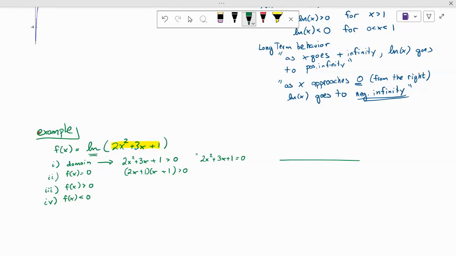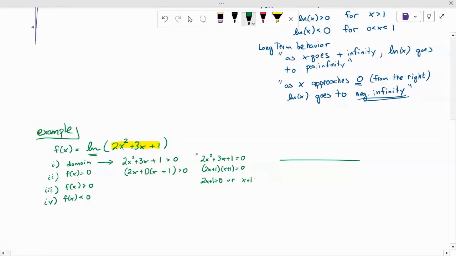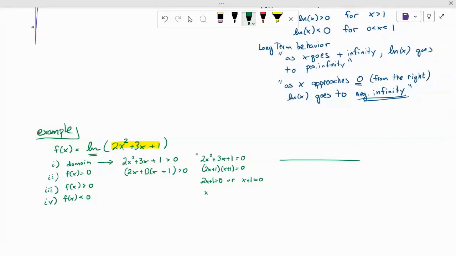Okay, so we factored, and we see that the product is 0 as soon as one of the factors is 0. So either 2x plus 1 is 0 or x plus 1 is 0. In the first case, x would have to be negative 1/2.